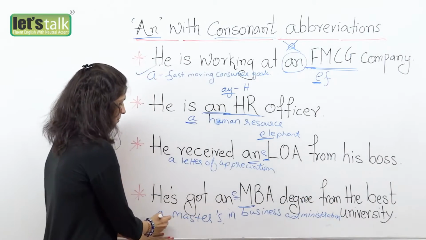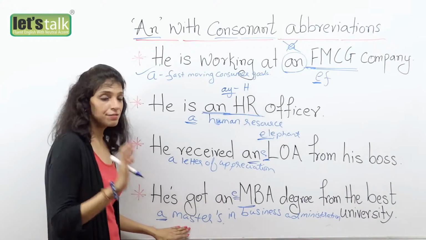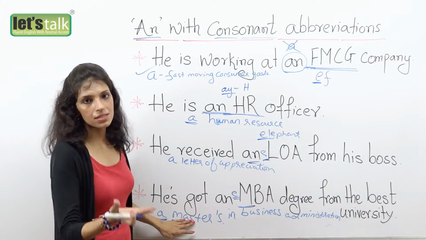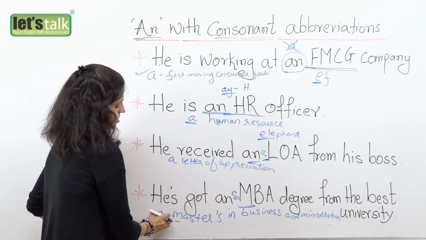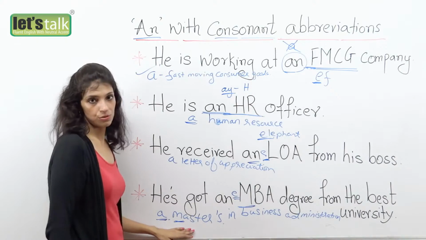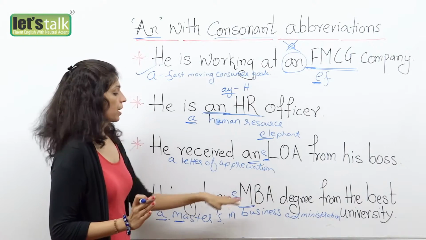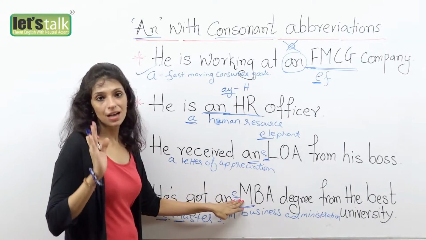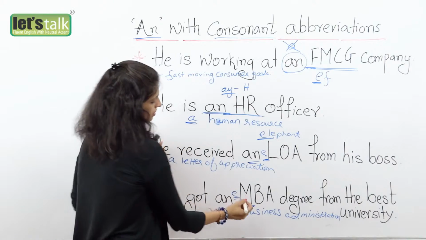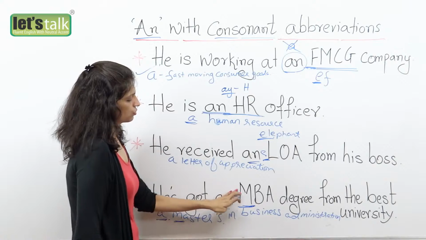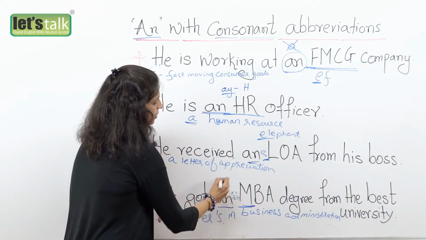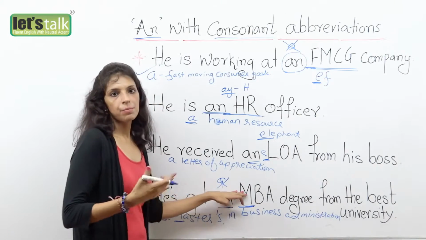In the full form, remember a, because it's not M masters, you just say masters, and it's a proper consonant sound. So again I repeat, because it's got a vowel sound, even though it's a consonant letter, remember you use an and do not say a MBA.